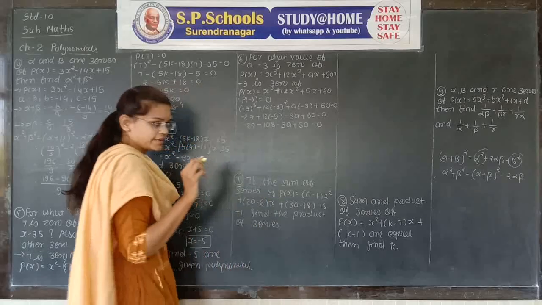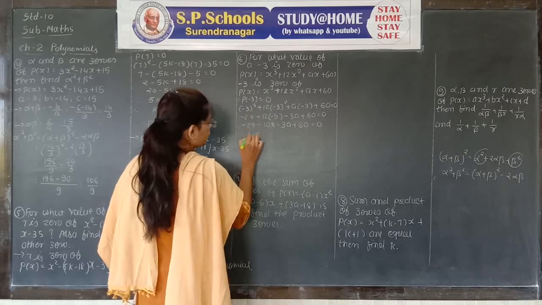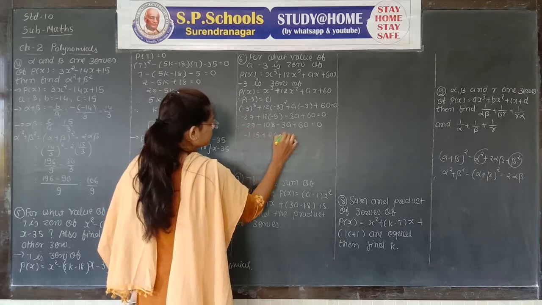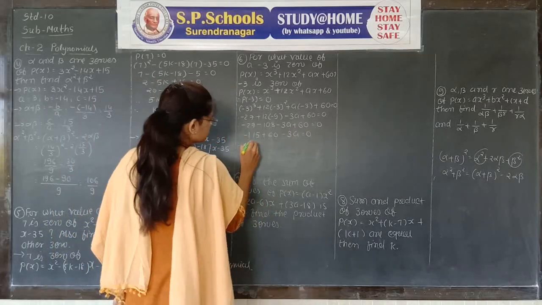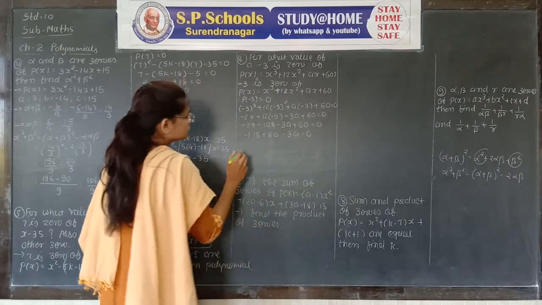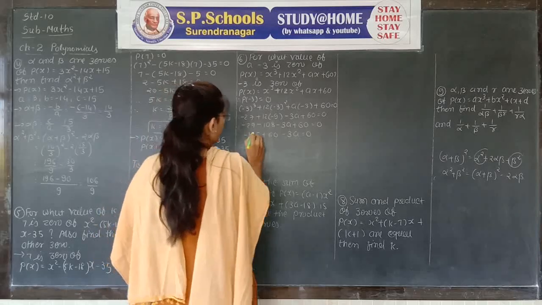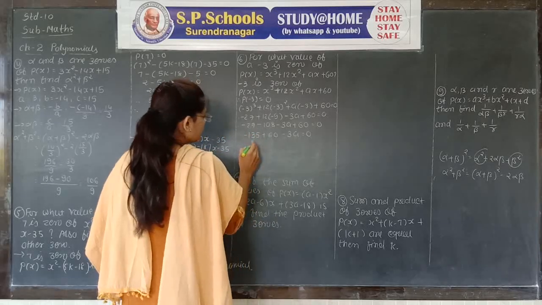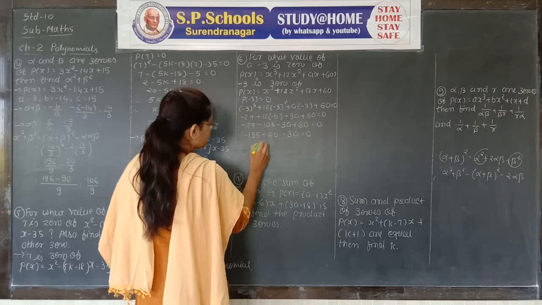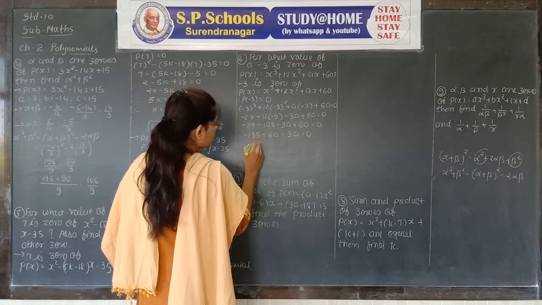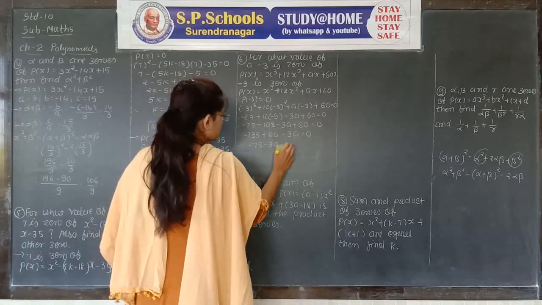Minus 27 and minus 108, it is minus 135, not 115. Minus 135 plus 60, which is minus 75, minus 3a is equal to 0.